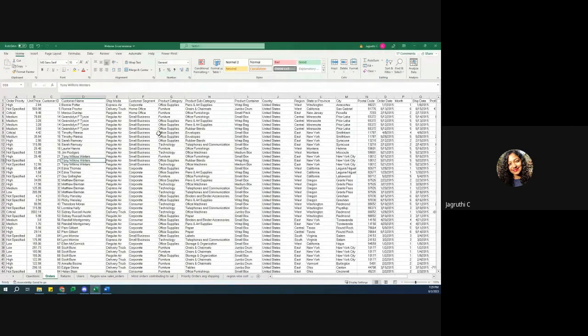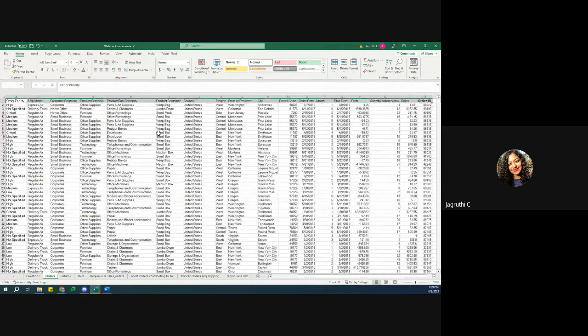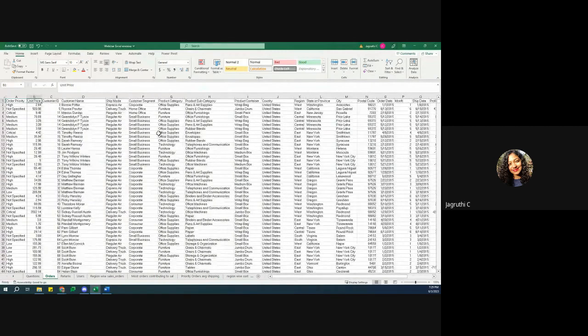As you can see here, this entire data set is the orders information for a basic supermarket which I have taken here, and there are multiple columns which define various fields.